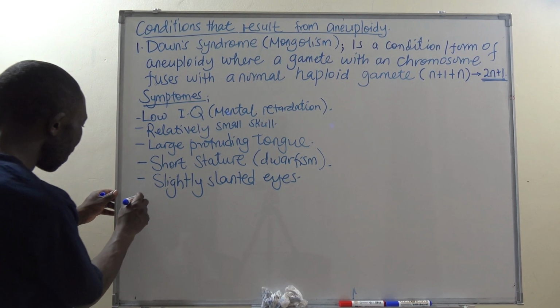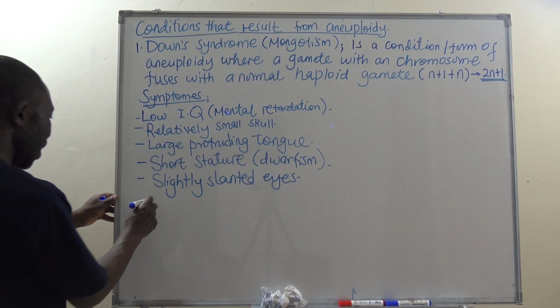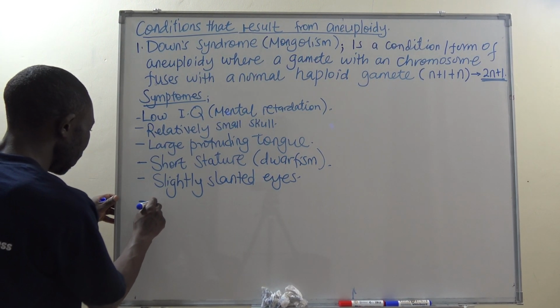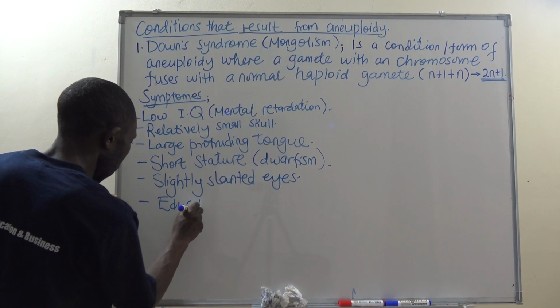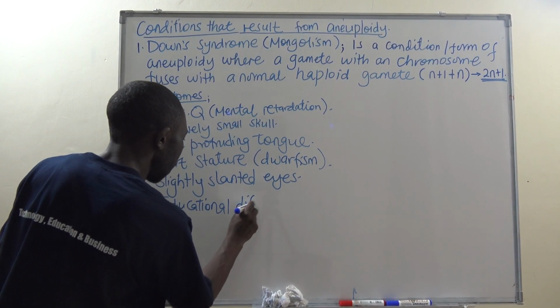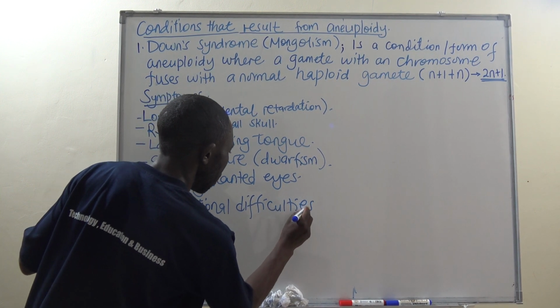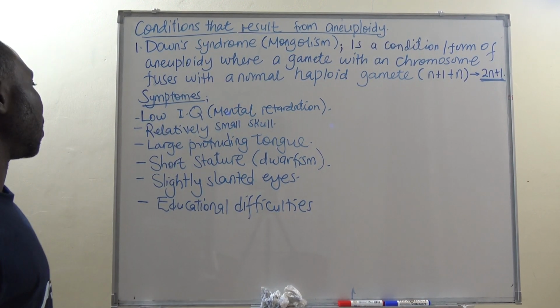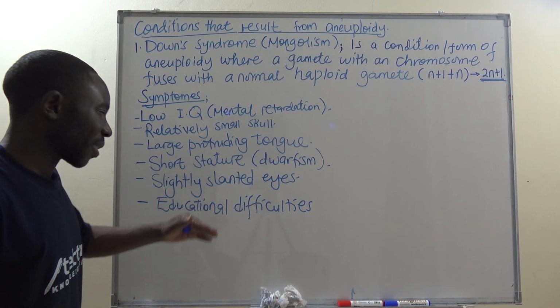Okay? Then the other one here is educational difficulties. So these people do not learn faster.